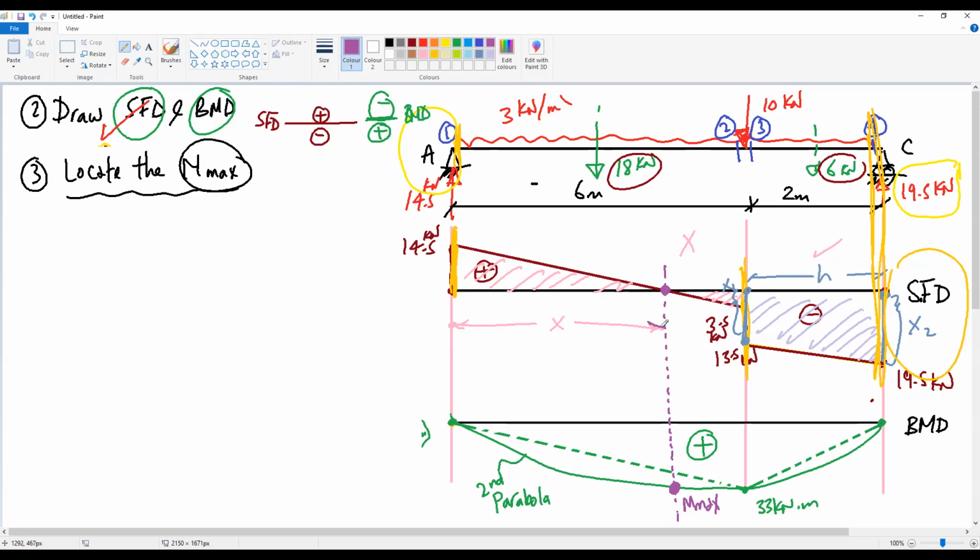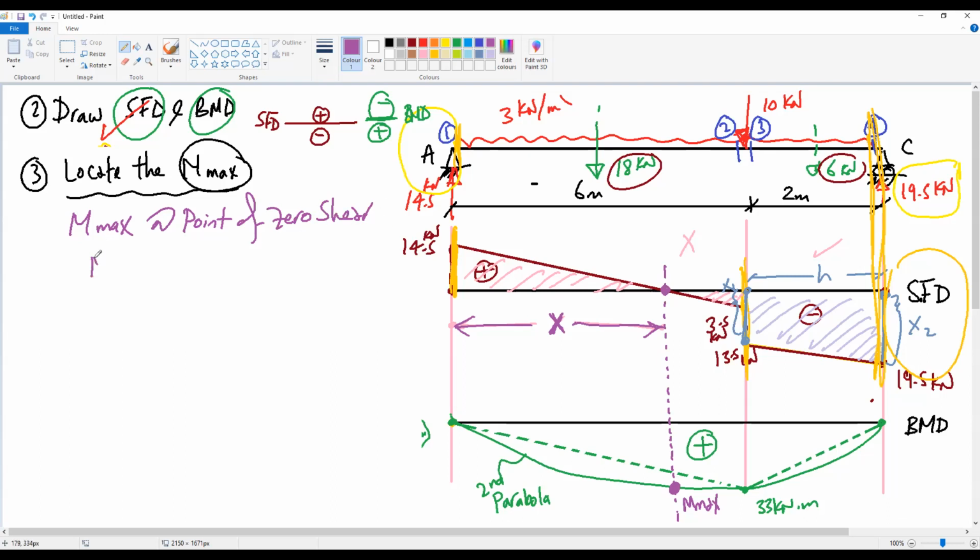We can give this dimension, as we mentioned before, x or x1, whatever. So x is the distance, and if we get x, we get the location of the maximum moment. So you have to know that the maximum moment is located at the point of zero shear. At the zero shear point, the shear is 0. Why?